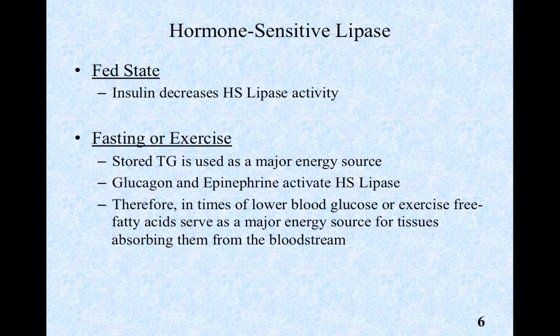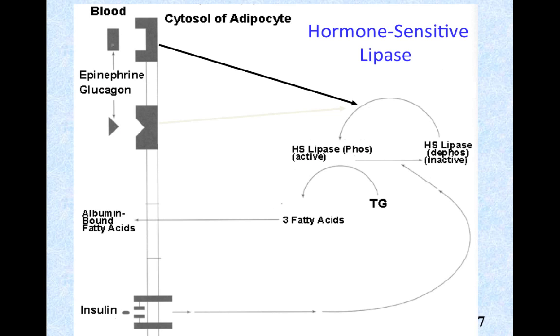So in times of low blood glucose or exercise, free fatty acids serve as a major energy source for tissues that absorb them from the bloodstream. And this is a diagram showing hormone-sensitive lipase. So again, this is a fat cell. Fat cells or adipocytes have epinephrine receptors and glucagon receptors. So in low blood glucose and or physical activity, both of these hormones can be in the blood.